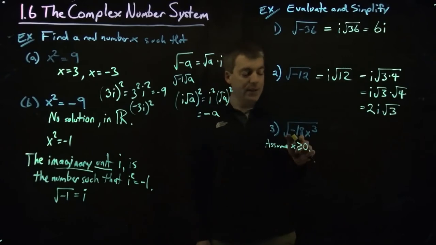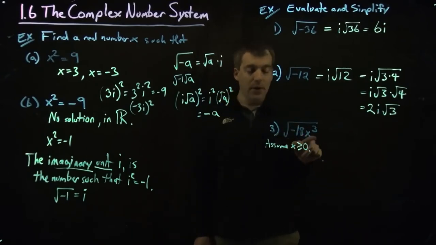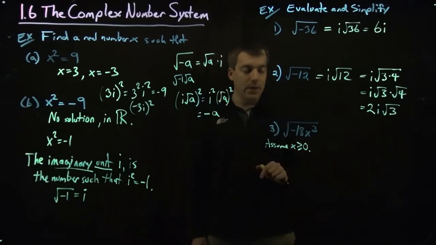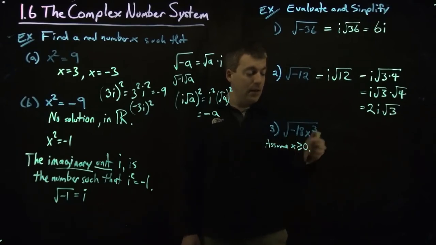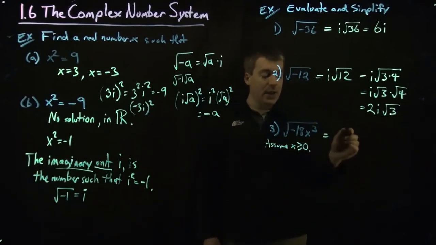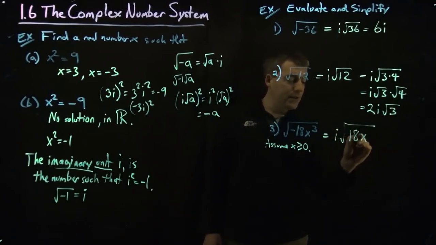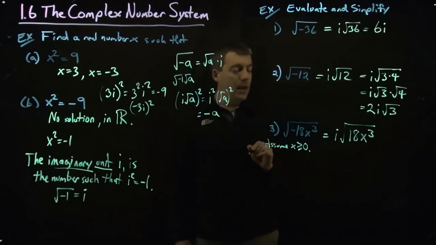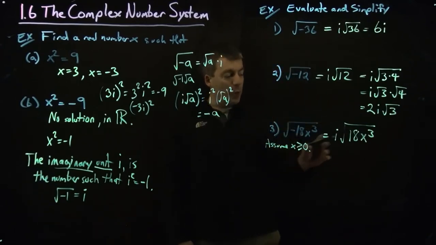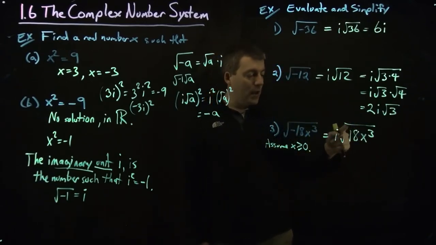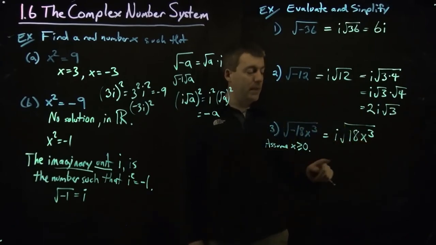If that's the case, then the part under the radical will be negative, and we will need to include an i. So we will rewrite this as i square root 18x cubed. And in the same way as the previous problem, we're going to look for perfect square factors of the part under the radical.